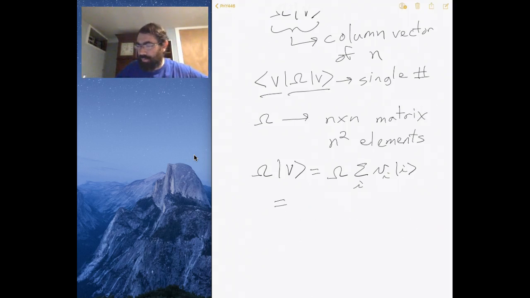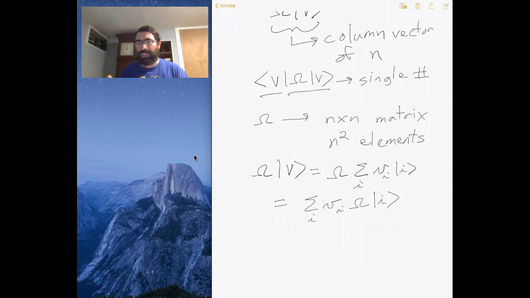So now if I move this operator omega inside the summation, I have the sum of vi omega times the basis states I. And when I do that, I'm basically transforming into a new basis.